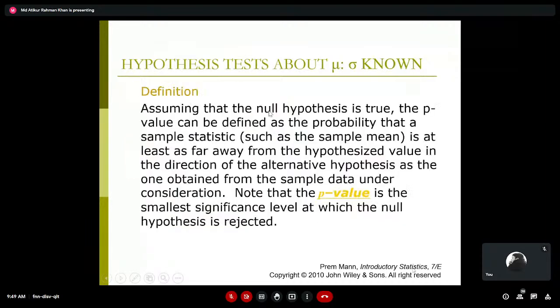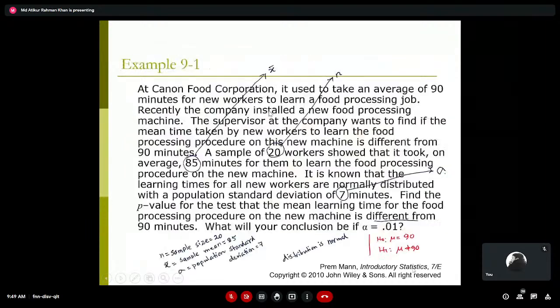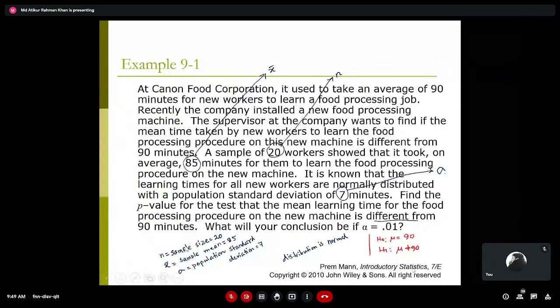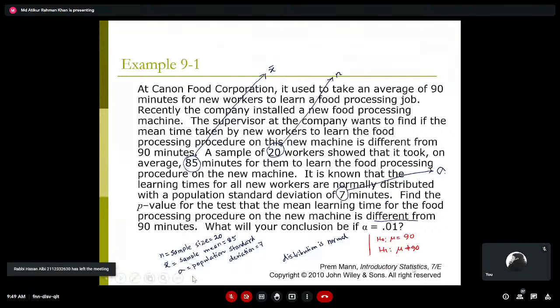In the previous lecture, we solved a problem. For this specific problem, we identified key information like the sample size, the sample mean, and whether the population standard deviation is known or unknown. If it is known, then what is that value? We found that it is 7 here.